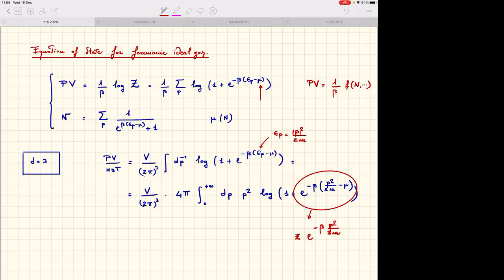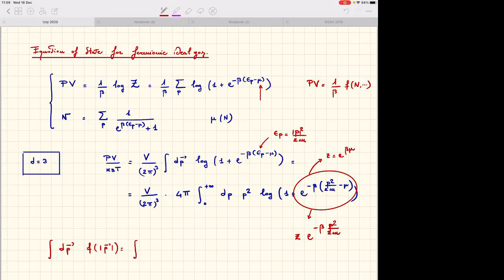Professor, I'm trying to see how you got 4 pi. I do not see it clearly. Well, so I have an integral d^3p of some function of the absolute value of p. So I do this integral in spherical coordinates.